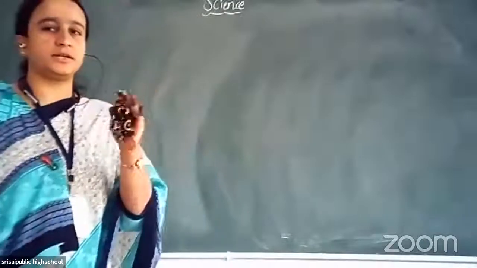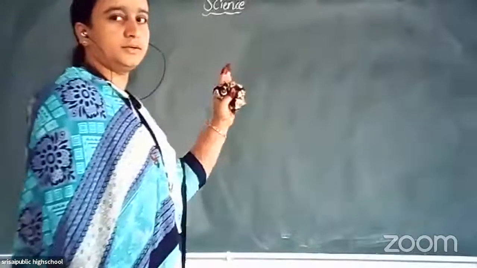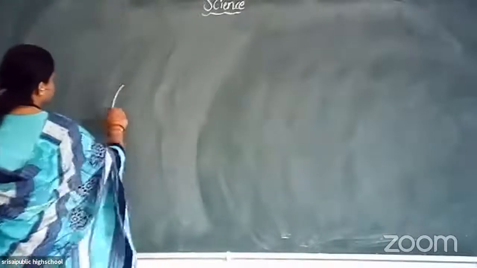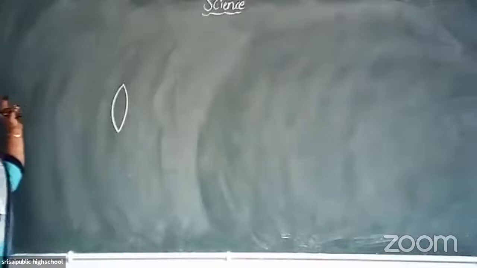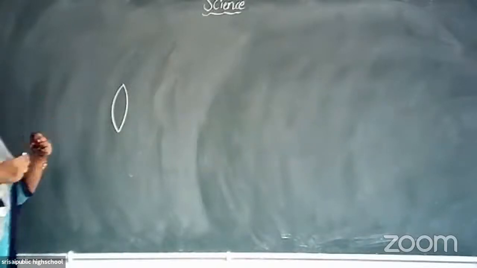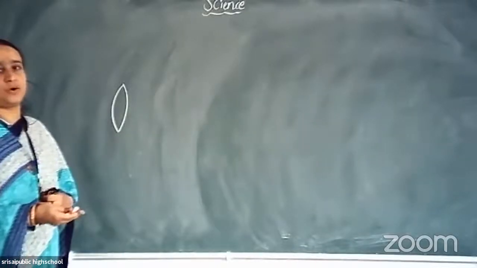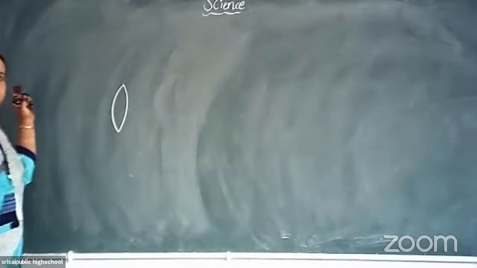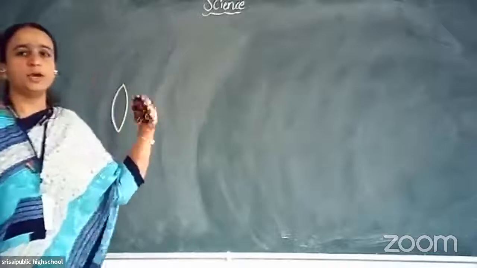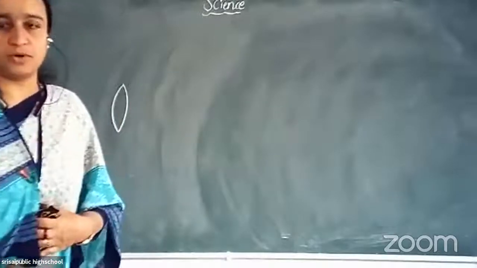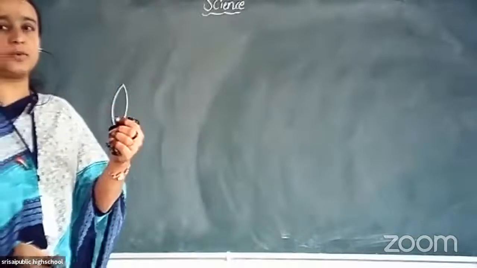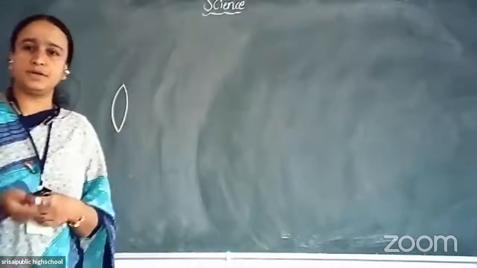Now let us come to the second case. Slowly we are coming nearer to the lens. If this is a convex lens, we are bringing the object nearer to the lens and observing how the images are formed. In the first case, the object was at infinity, you got the image at the principal focus, highly diminished, point size, real and inverted.